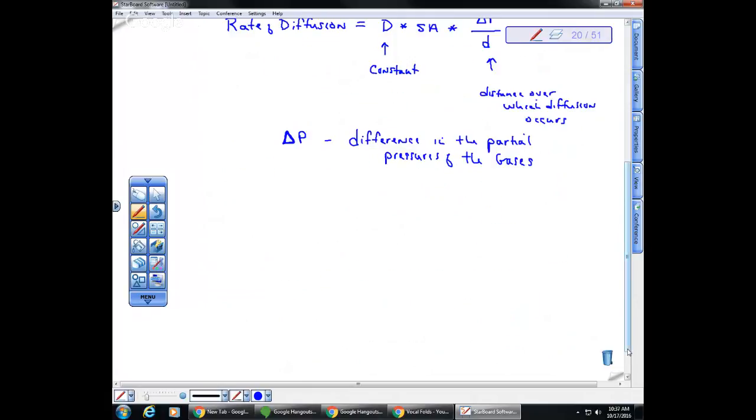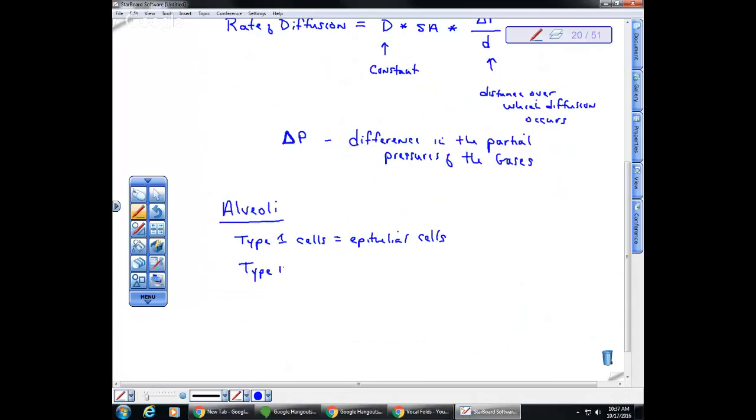Okay, so if we look inside the alveoli itself, there are two types of cells. Type 1 cells are the epithelial cells. They didn't have very unique names for these.